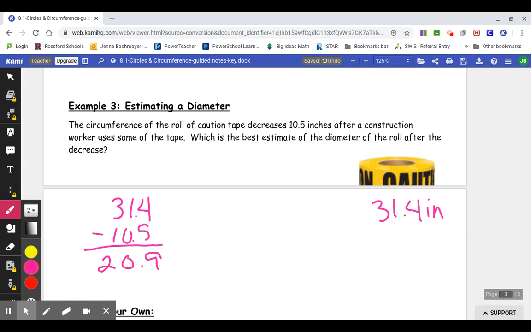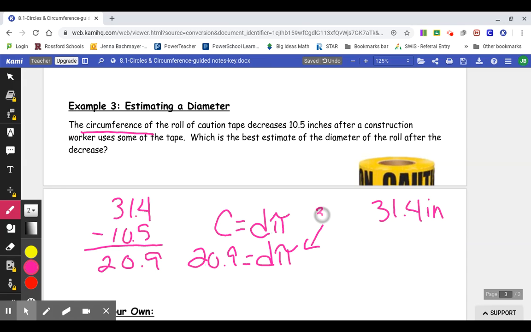inches. Okay, I know my circumference formula is diameter times pi. So if my circumference is 20.9, and I set that equal to the diameter times pi, and again, we can use 3.14 for pi, which we're going to use in this case.